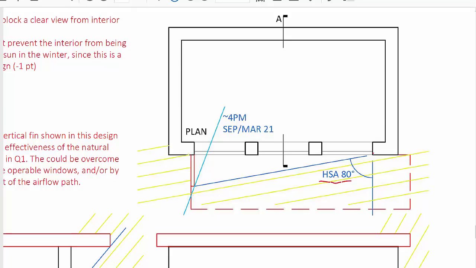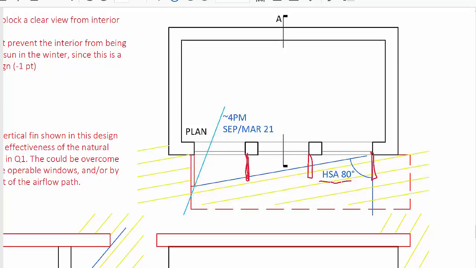So the most commonly missed thing on the test was that people did a good job of identifying their HSA, they did a good job of drawing it on the plan, but then we would get vertical fins happening at every single window, which really means that this has just been over shaded.